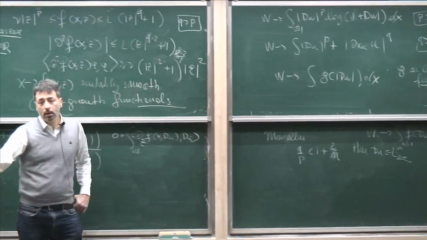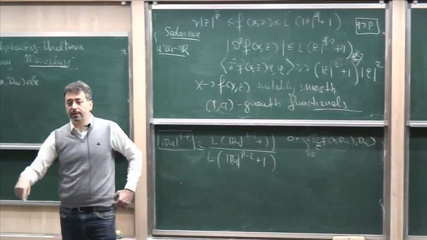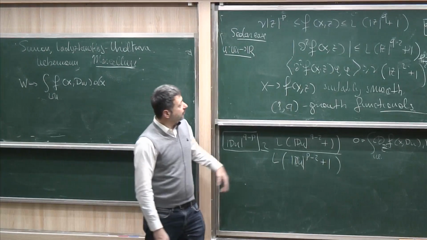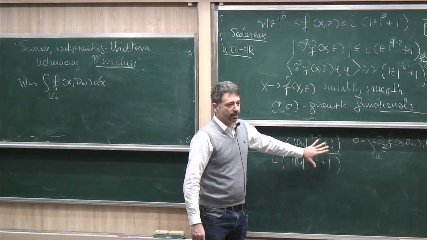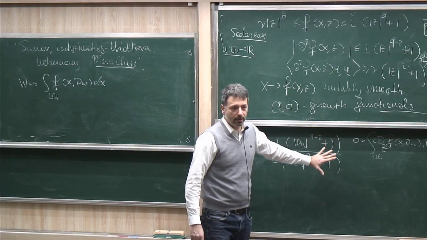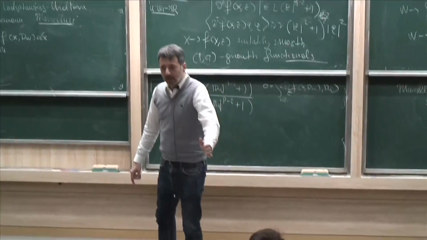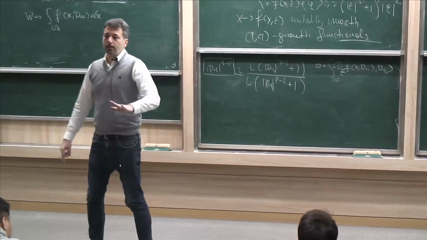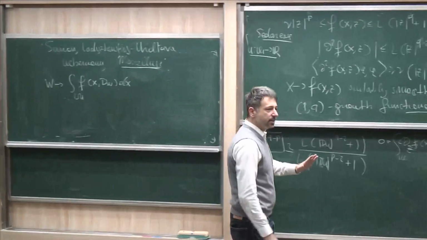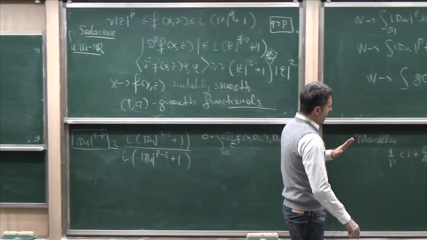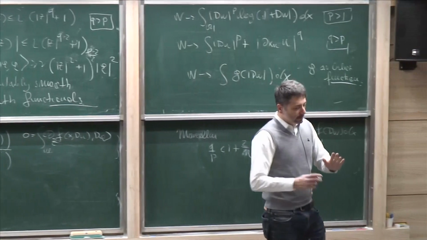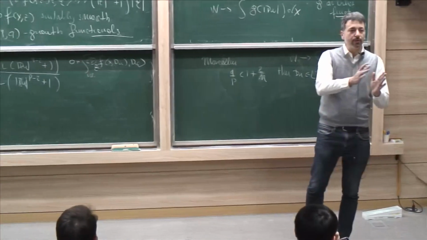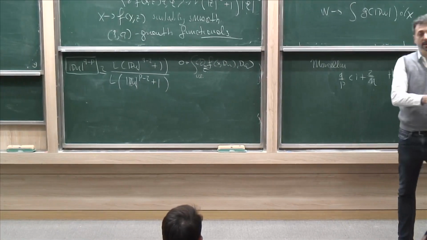Once you know that the gradient is in L infinity log, then this ratio is bounded when you consider it on the Euler-Lagrange equation, and therefore you can apply the usual techniques. So the focal point of the theory is to prove that the gradient is bounded, that is something that turns back your functional to the realm of uniformly elliptic ones.